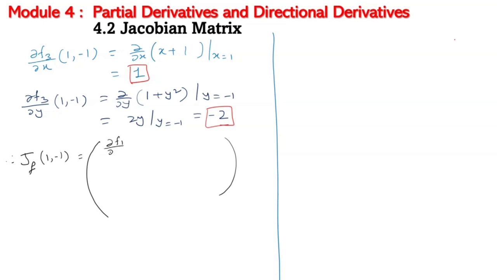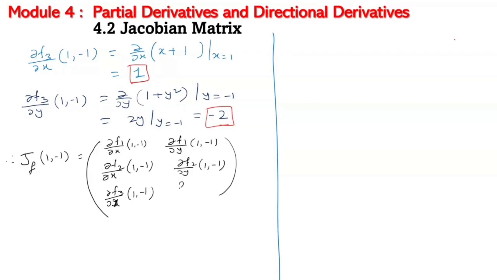So it will be del f1 del x, del f1 del y, and of course at the point (1, -1), then del f2 del x at (1, -1), del f2 del y at (1, -1), del f3 del x at (1, -1), and del f3 del y at (1, -1).